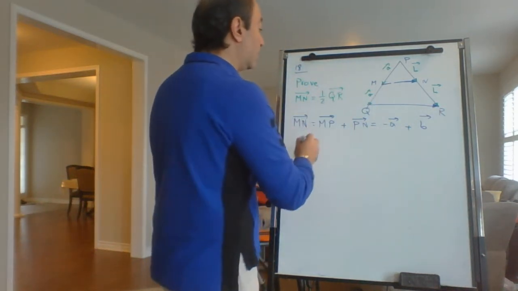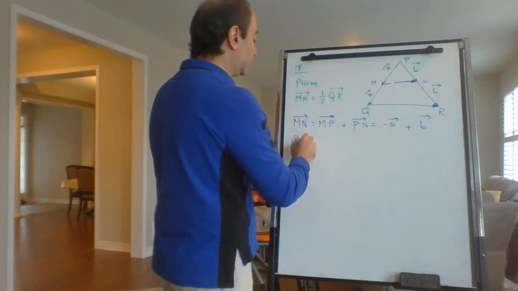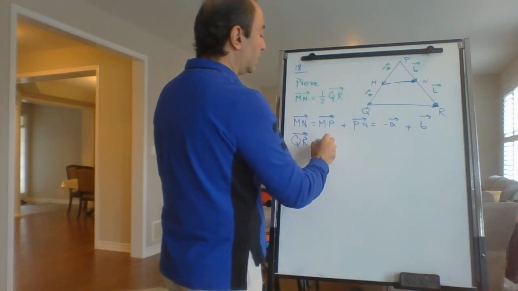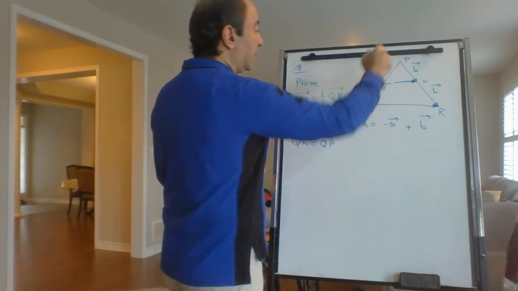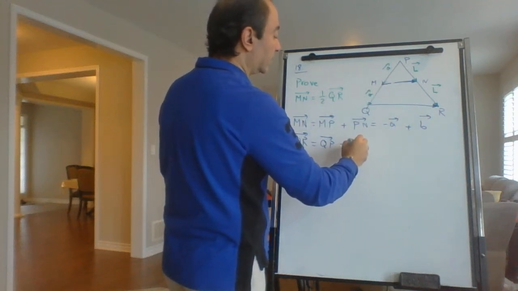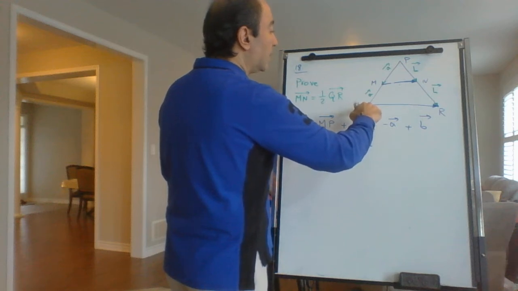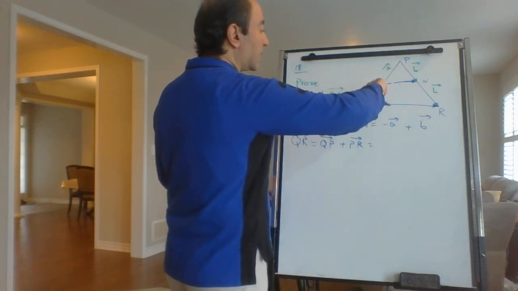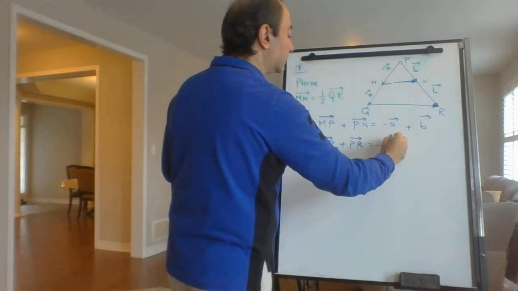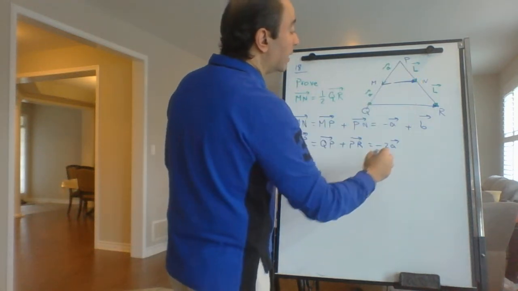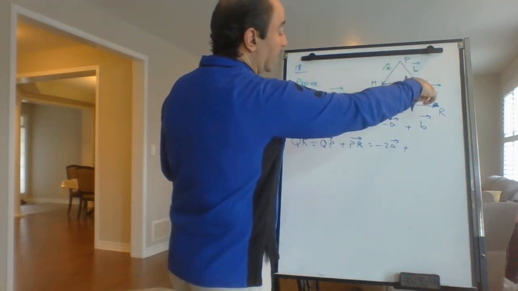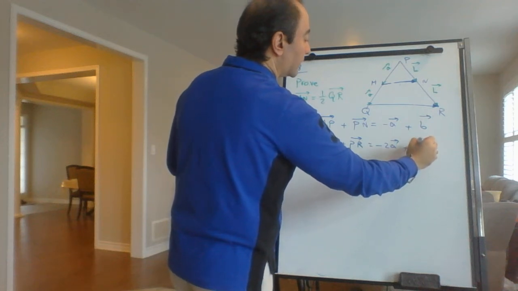Yes. Now vector QR. This is the same thing as vector QP plus vector PR. QP is double the size of vector A and in the opposite direction of A, so minus 2A. And vector PR is double the size of vector B, and in the same direction, so that's 2B.